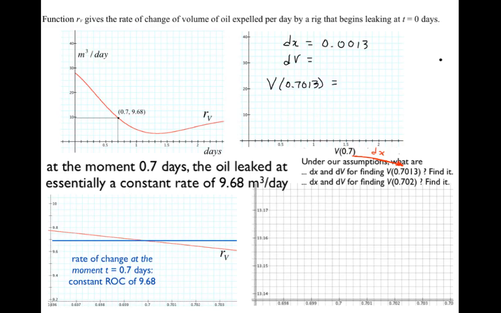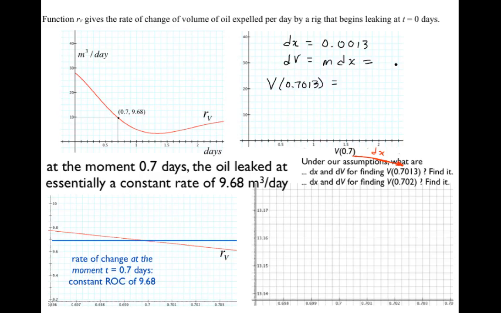Where's Ahmed Al-Bakri? Ahmed, did you find dv? How'd you do it? Good. Times what? No, times dx, right? Right. So here, we've got constant rate of change.